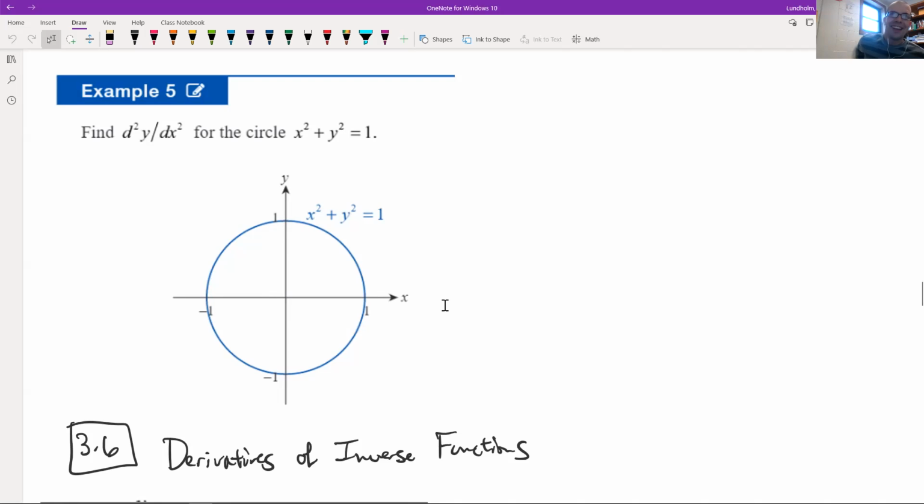Example number 5. Here we're going to take the second derivative of this circle. So we've got the unit circle here. If we take the first derivative, we could do that implicitly.